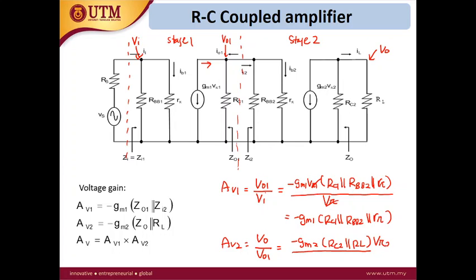Sorry, this is V pi 2, gm2 V pi 2. So it should be minus gm2 V pi 2 times RC2 parallel with RL. And then V out 1 is actually equal to V pi 2. Okay, so that's why you get this equation. When you calculate the total gain of the multistage, you can simply multiply AV1 with AV2.